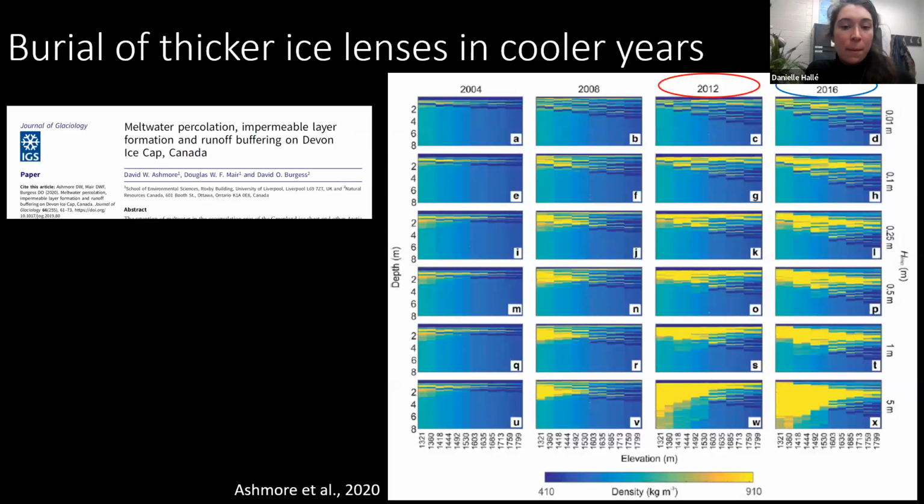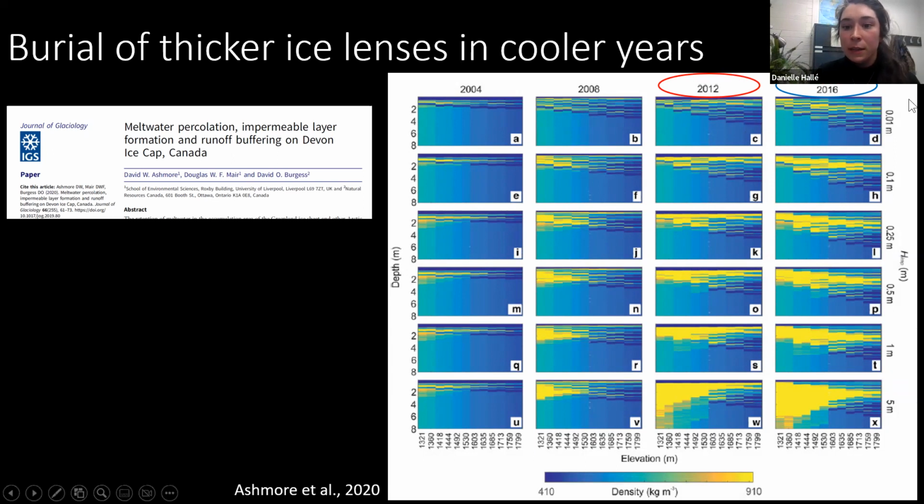And a bit more background and motivation. So this work from Ashmore and others in 2020, they did modeling work on Devon Ice Cap. And here they were trying to understand how impermeable layers on the ice cap affect runoff and refreezing capacity. But I just want you to focus on the 2 years, 2012 and 2016 here.